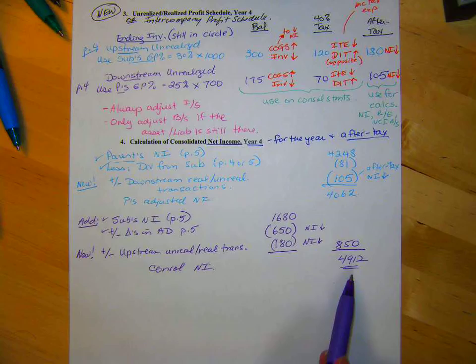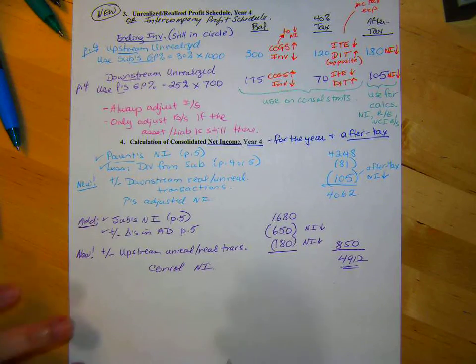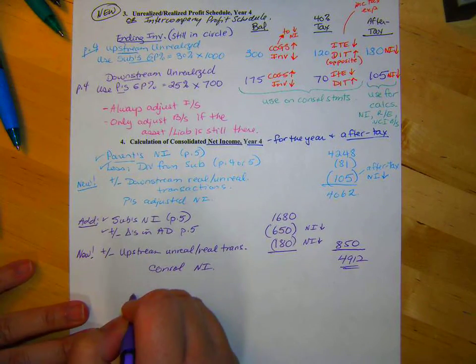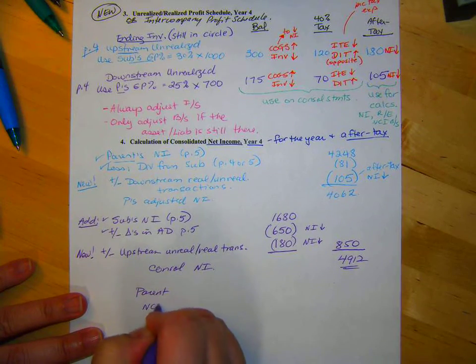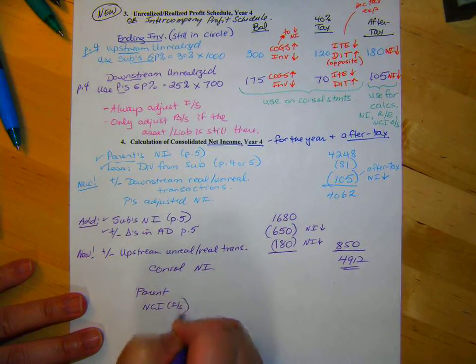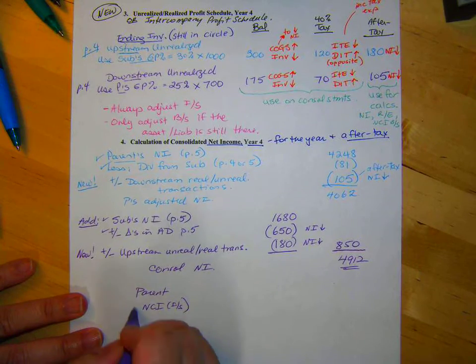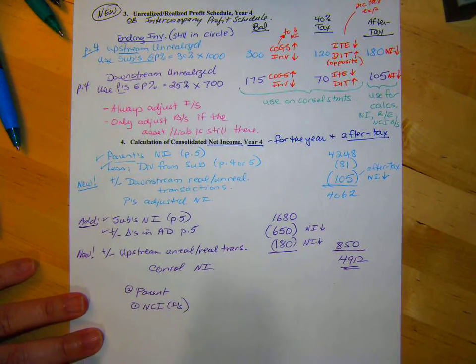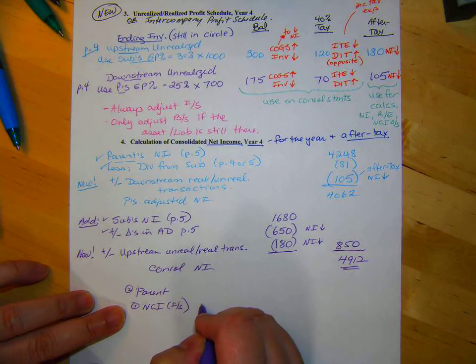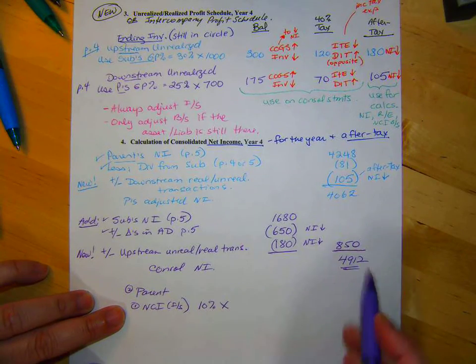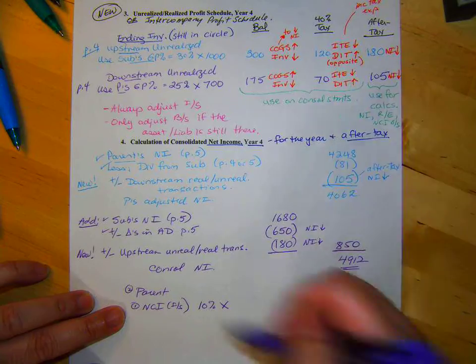But what do we have to do after that? We have to split it up between the parent and NCI on the income statement. So we have to do this one first, then the parent. So NCI, what's their percentage ownership? 10% because we own 90. Times, which of these numbers do we use?